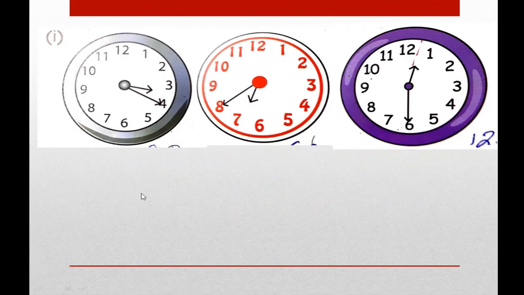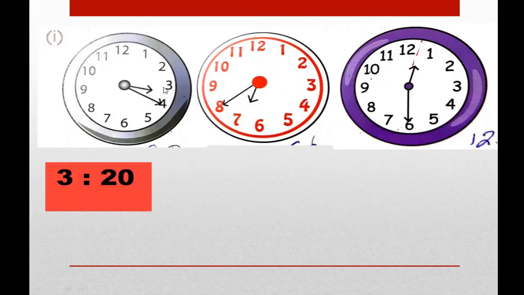Now look at these clocks. Can you tell me what is the time here? Look at this. The small hand is on 3. That means it has just crossed the 3, and the bigger hand is on 4. So the time is 3:20. 5 fours are 20. Now look at this. The smaller hand is in between 6 and 7.